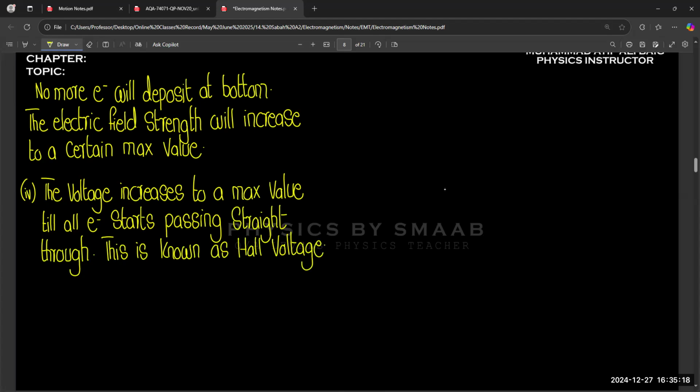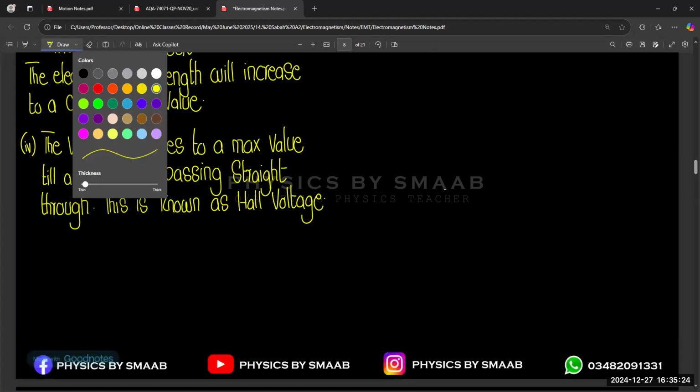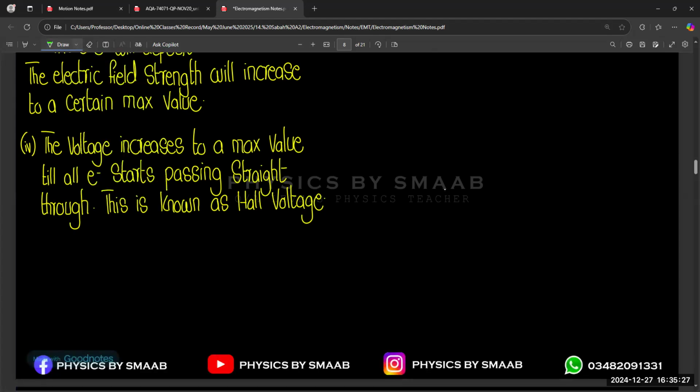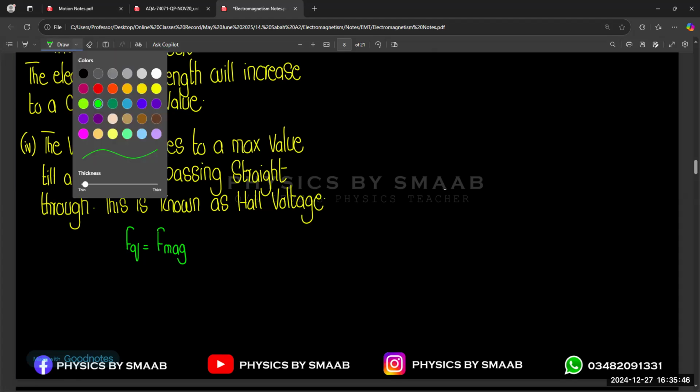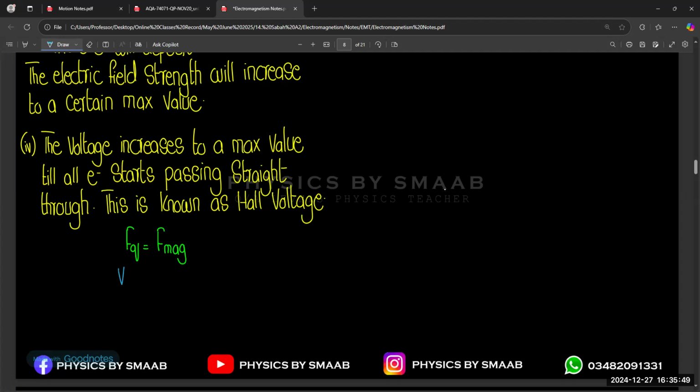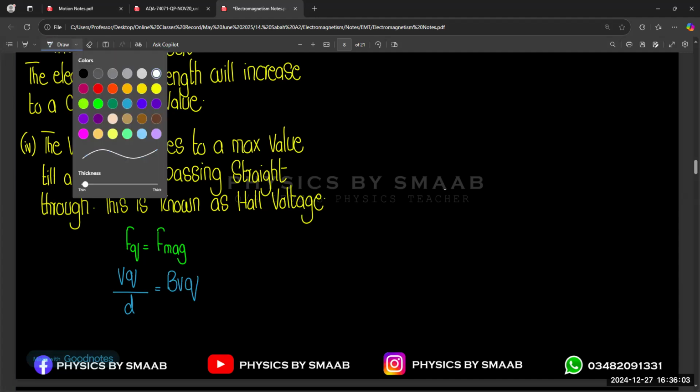And for the derivation, or to find the equation for the Hall voltage, we consider both forces opposite to each other, so they cancel out each other. It means the force due to the electric field is equal to the force due to the magnetic field, and it will be equal to VQ over d equals BvQ. So Q and Q cancel out each other.